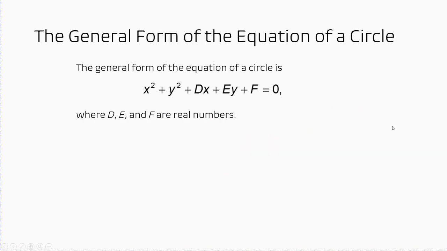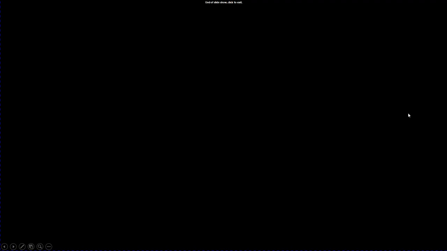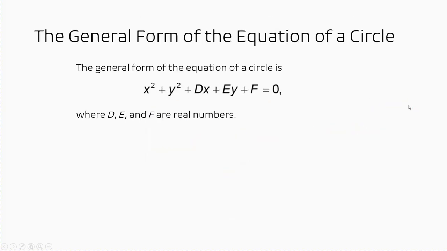Now you can have what's called the general form of the equation of a circle. The general form is x squared plus y squared plus dx plus ey plus f is equal to 0, where d, e, and f are real numbers. And the general form doesn't tell us what the center is and what the radius is. So what I want to do is take an equation, and let me show you what that's going to look like.